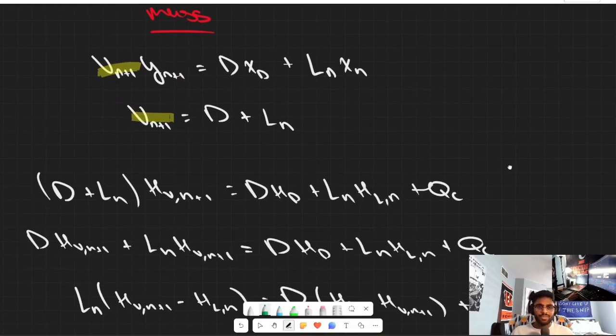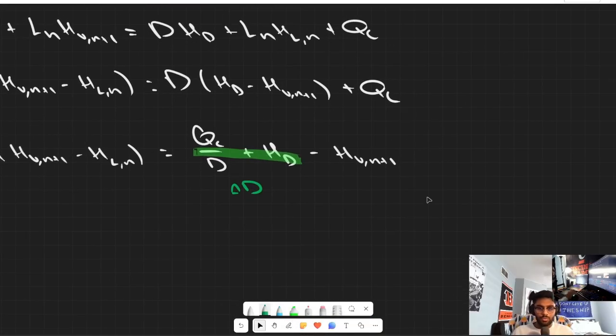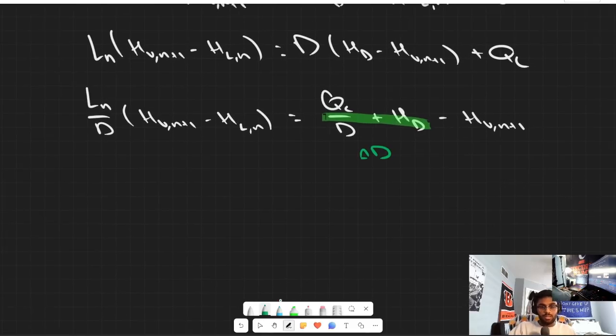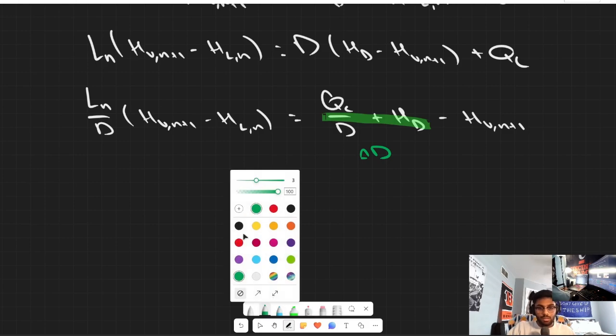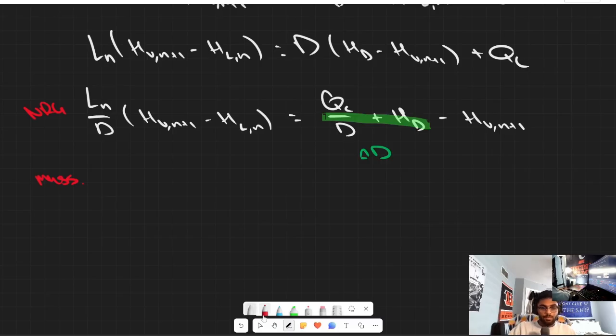So instead of running through that entire thing all over again, since these are two analogous functions, let's just go ahead and rewrite this for the mass balance. So I'm going to say that this is our energy balance here, and then our mass balance is a similar equation. So we still have this Ln over D term.